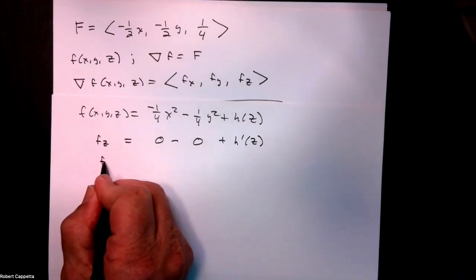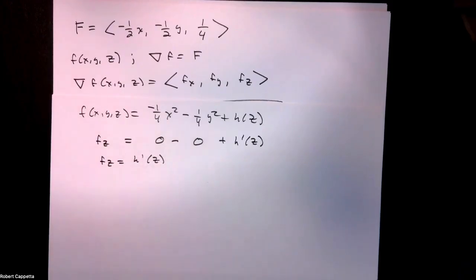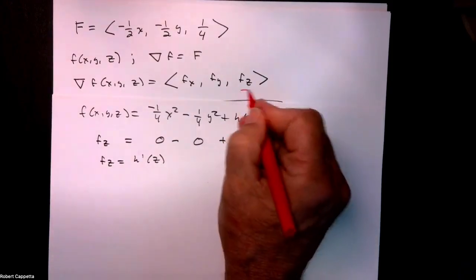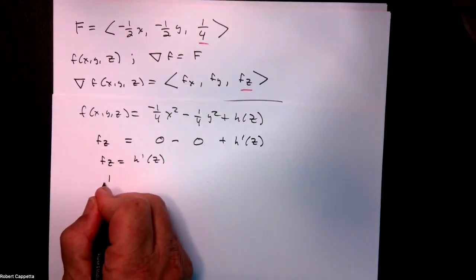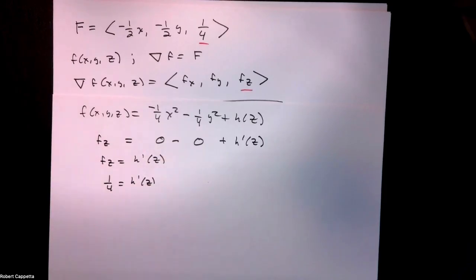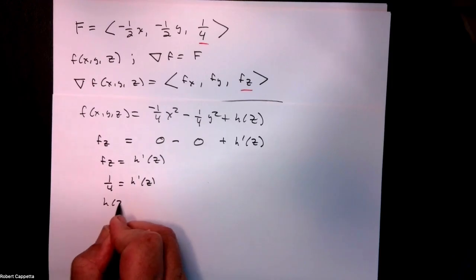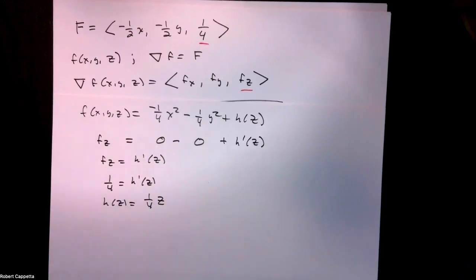So we're seeing that f sub z is h prime of z, but looking up here, we said f sub z was 1/4. So 1/4 is h prime of z. So h of z would be the integral of 1/4, which is 1/4 z plus a constant, but I can go ahead and leave that constant as 0 since I'm just looking for a potential function.